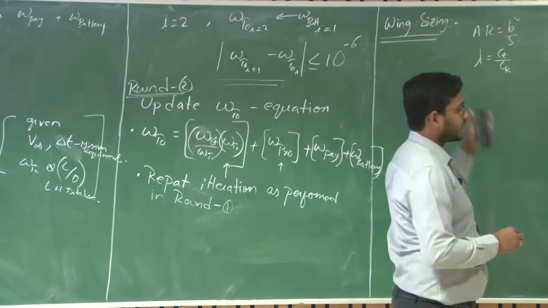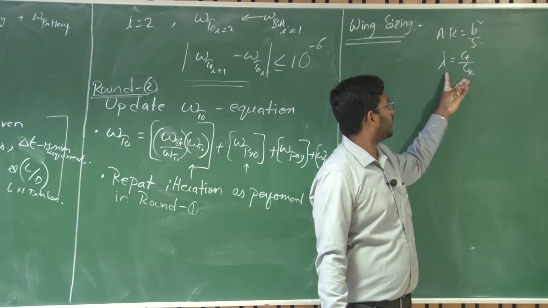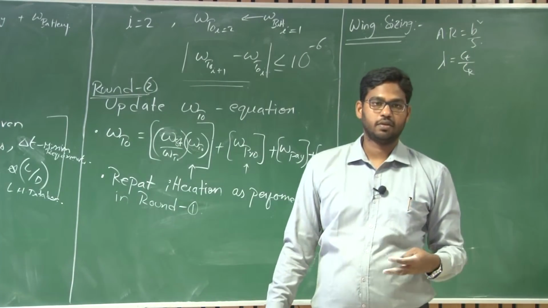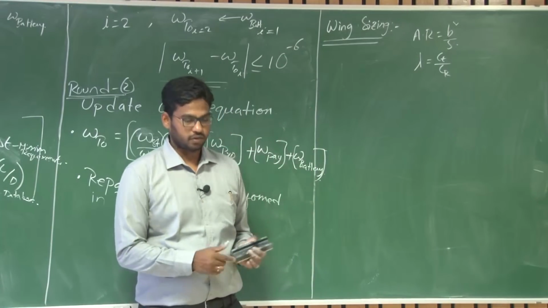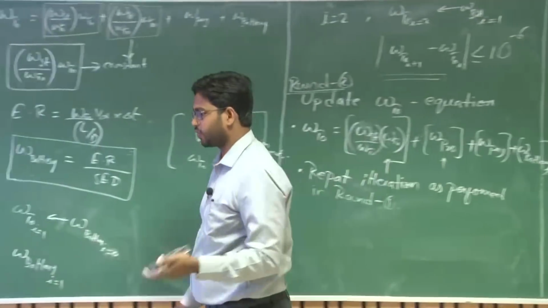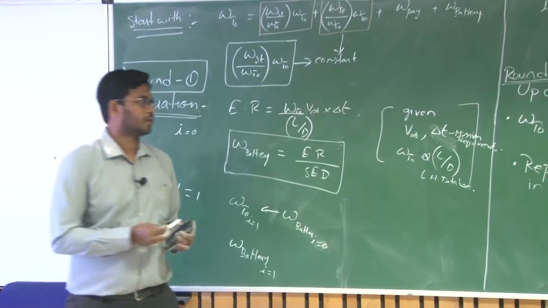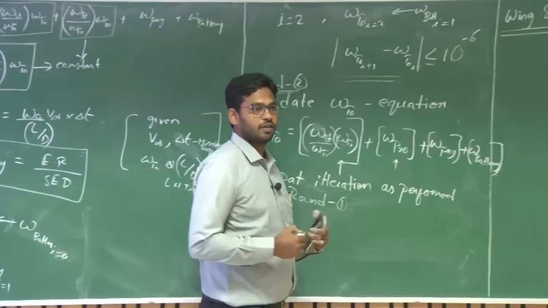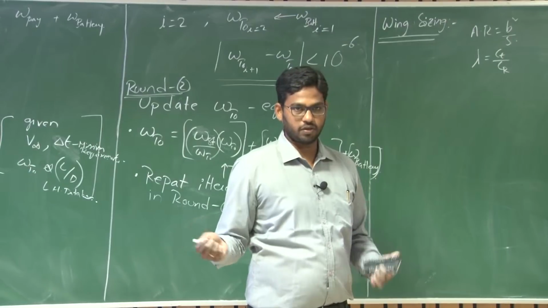Now during this initial wing sizing, what we do is assume aspect ratio and lambda as inputs from the historical database, right? Now what does this wing have to do in the first place? It has to generate lift to overcome the weight and make the flight possible, right?